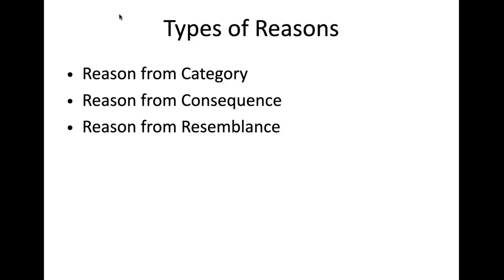Before we go on and look at the types of audience-based reasons, just an example. Let's say you are trying to get someone to donate money to charity. Traditionally, you might think, oh, I'm going to tell them about all the things the charity is going to do with their money. But that's the charity's reasons for wanting them to donate. You have to think about how it would help them as a person to donate.